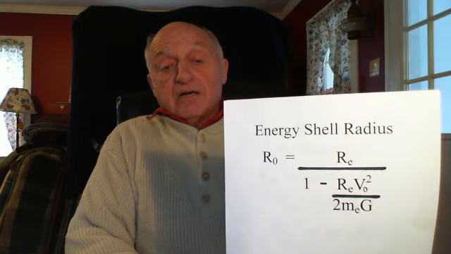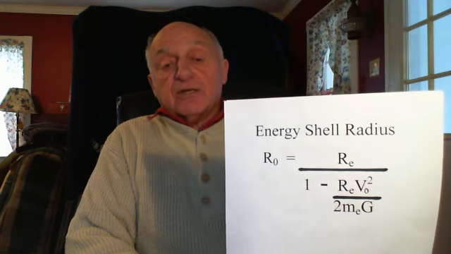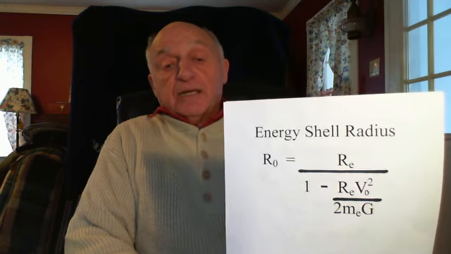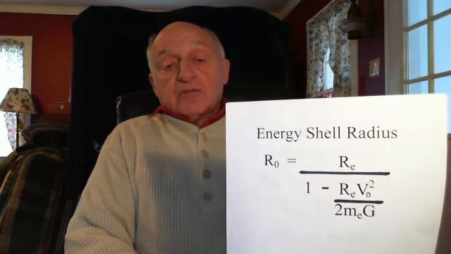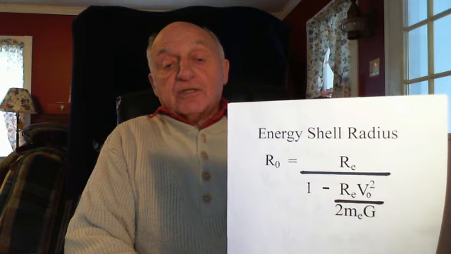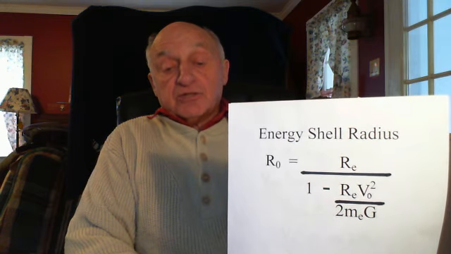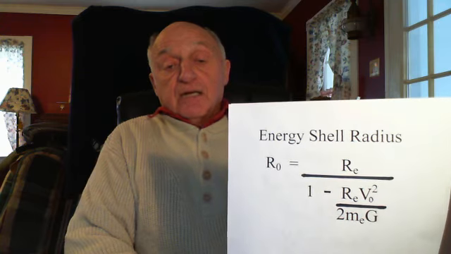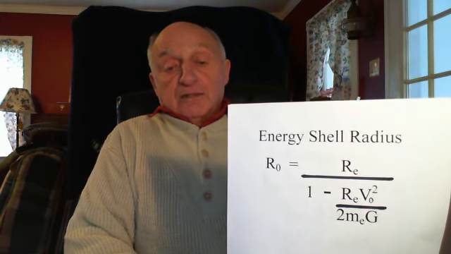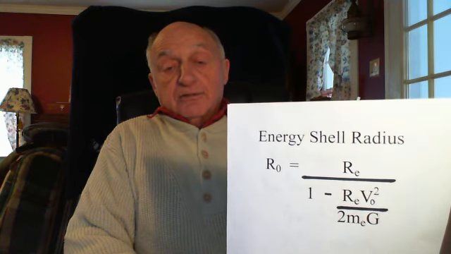This radius, r0, is equal to the radius of the Earth divided by 1 minus the radius of the Earth times the square of the initial velocity of the Moon, that's the velocity with which it was ejected from the Earth, divided by twice the mass of the Earth times the universal gravity constant G that Newton referred to. So that gives it the energy.